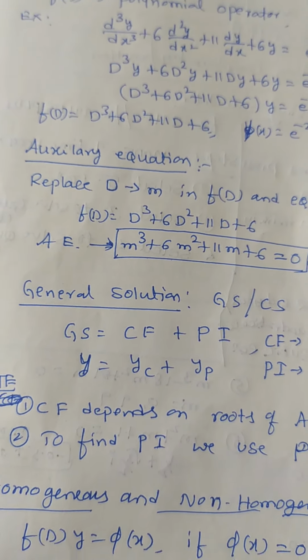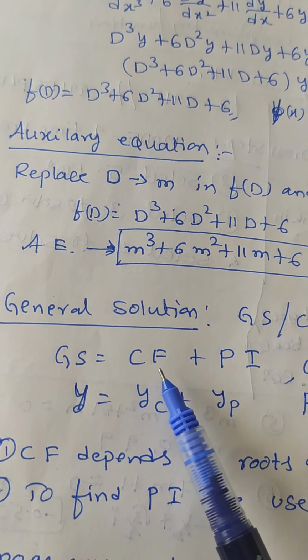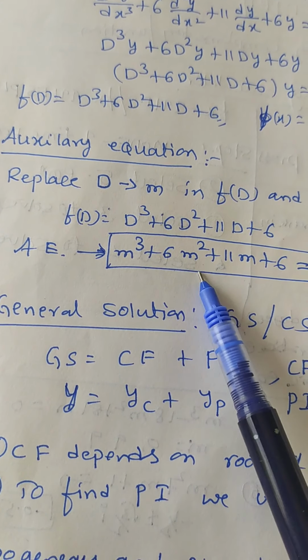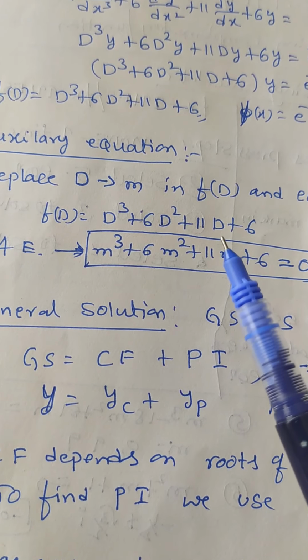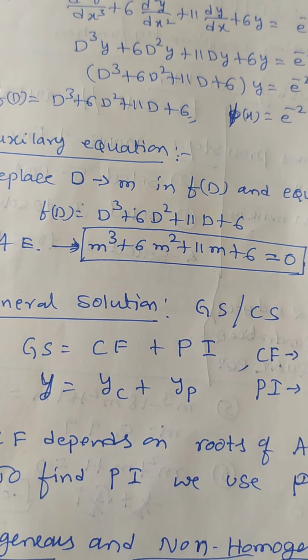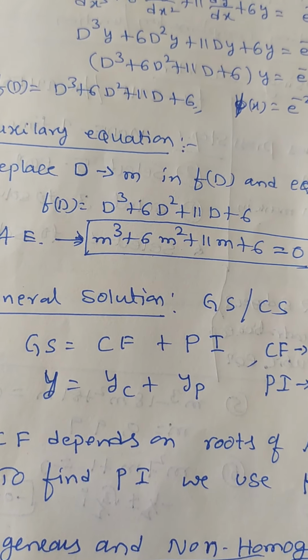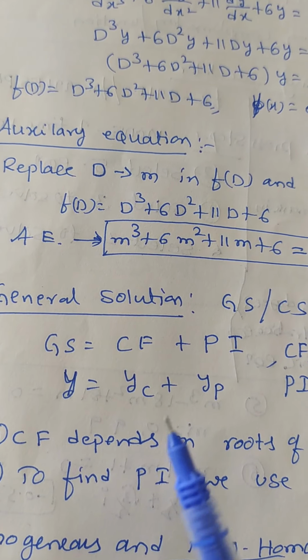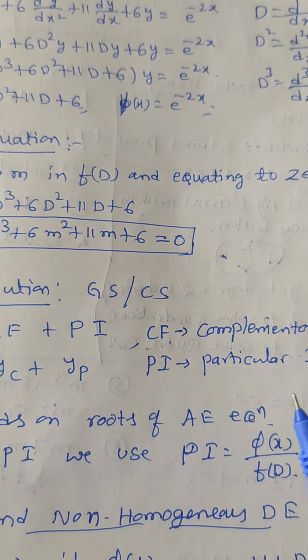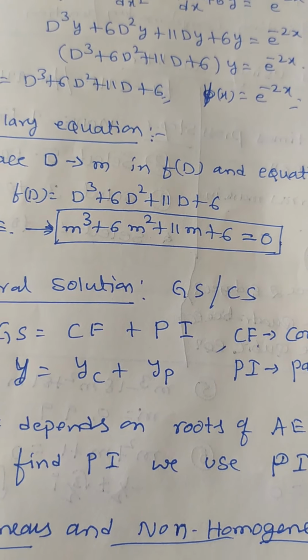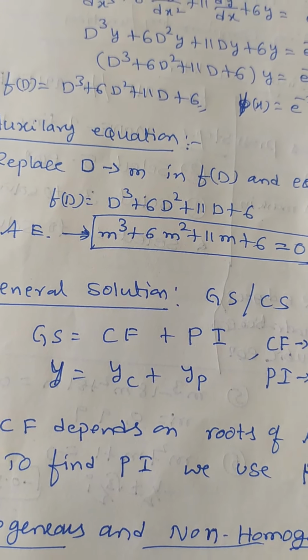Okay. How do you find the complementary function? You know how to find the auxiliary equation. By using the calculator, find the roots. I will explain how to find the roots of the equation using a calculator afterwards. Okay. Actually, the complementary function depends on the roots of the auxiliary equation. Find the roots. Depending on the roots, you can write the complementary function.